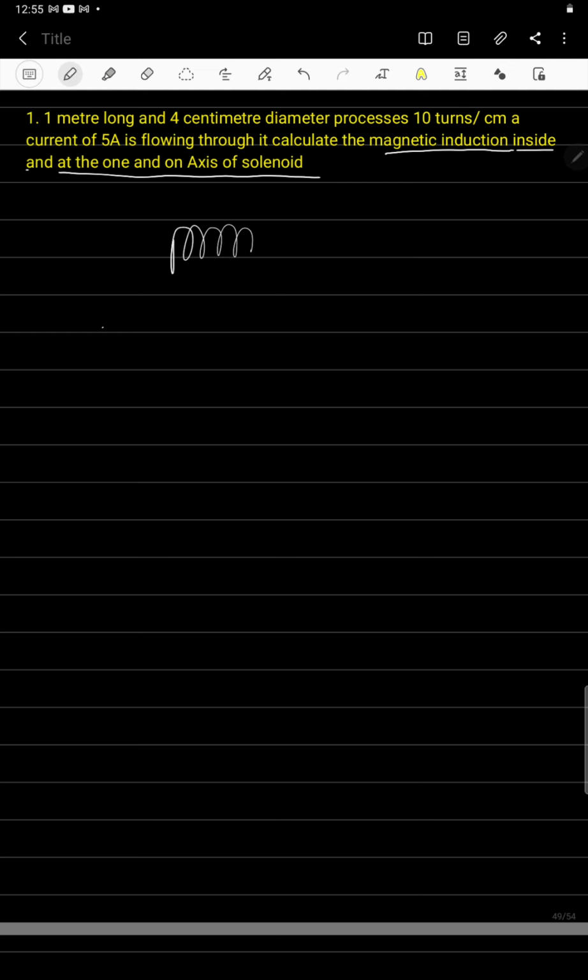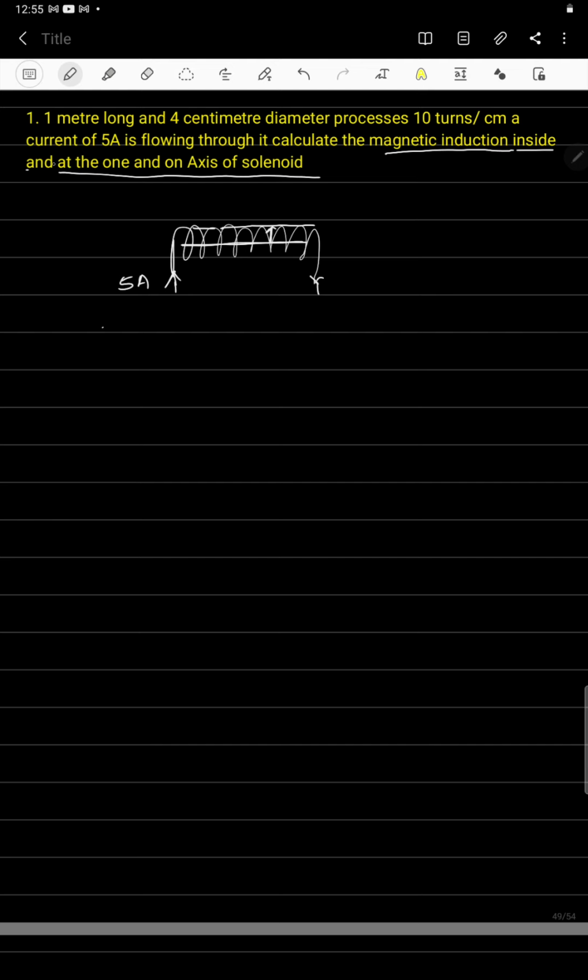This is the solenoid which is carrying the current, 5 ampere. In the question they told us to find the magnetic field produced inside the solenoid, as well as at one end on the axis of the solenoid.